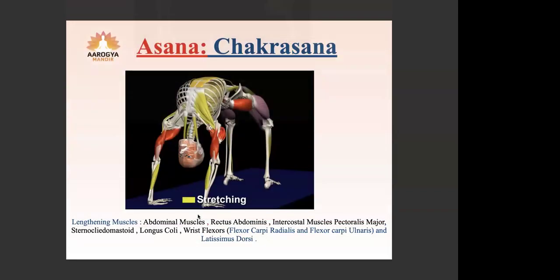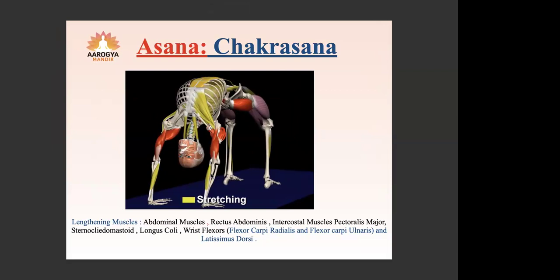Now let's see which muscles are getting stretched. For this, we'll see two angles: one from the anterior angle, and one from the back, the posterior angle. If you see here, the abdominal muscles, this is rectus abdominis. This is the pectoralis muscles, right?